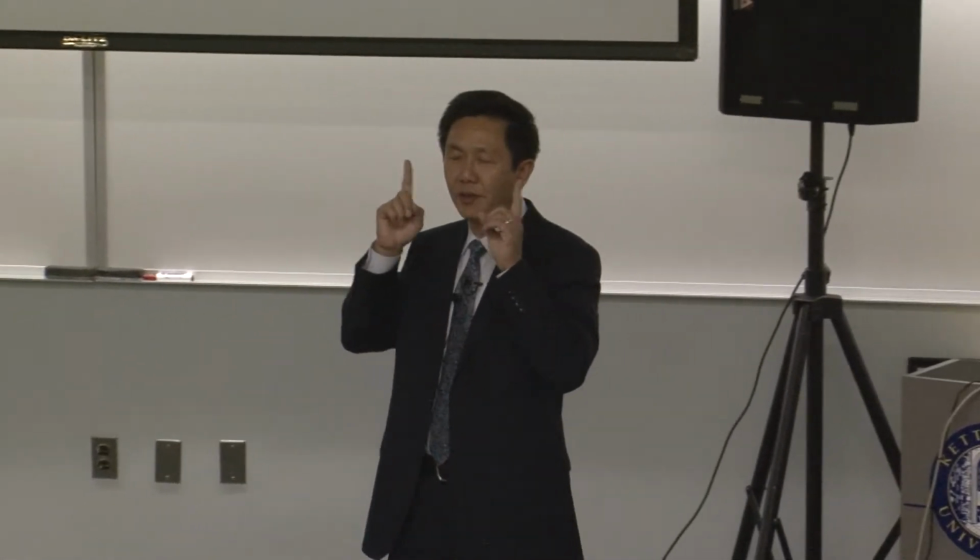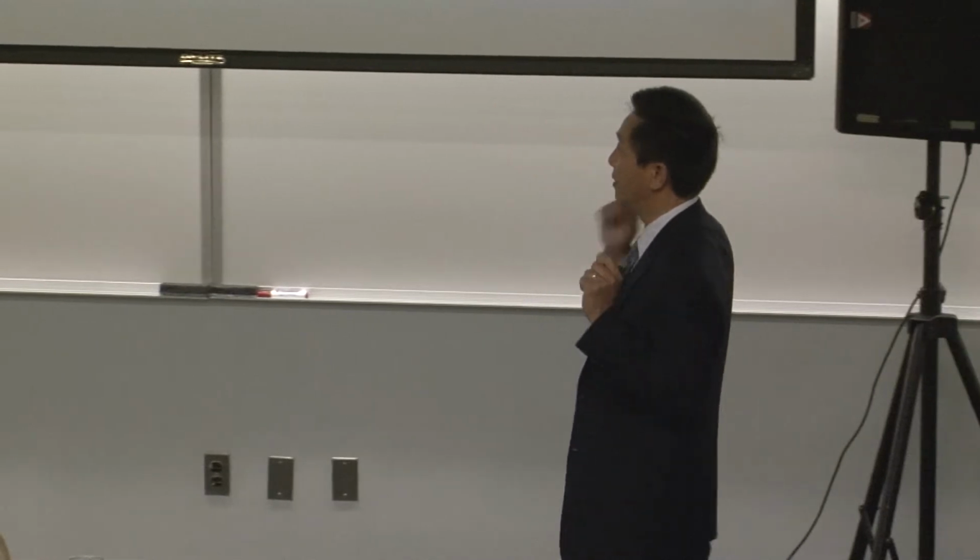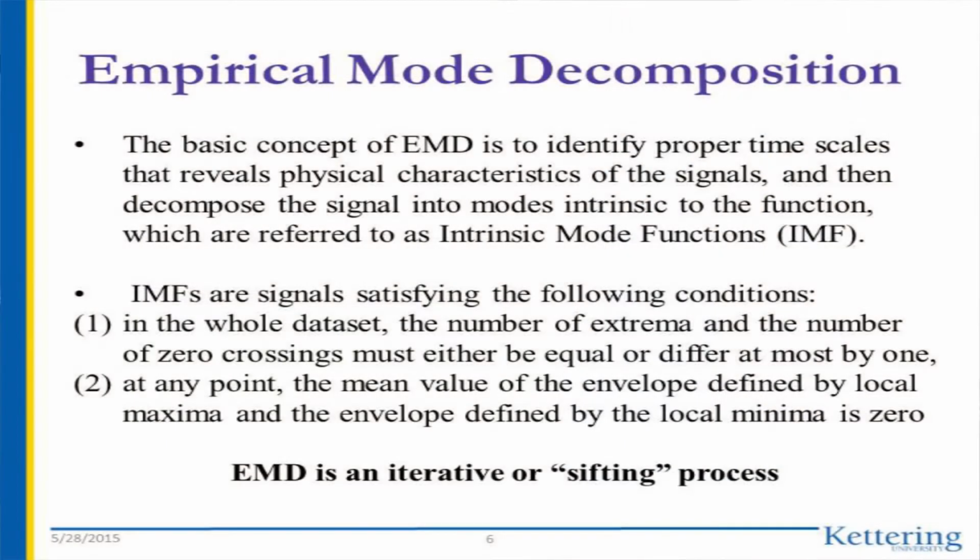If you picture that in your head, the number of extrema, meaning either maxima or minima, and the zero crossing points, if the numbers are equal or differ by at most one, it means it's kind of oscillatory. The second condition is that at any point, the mean value of the envelopes defined by the local extrema should be 0.